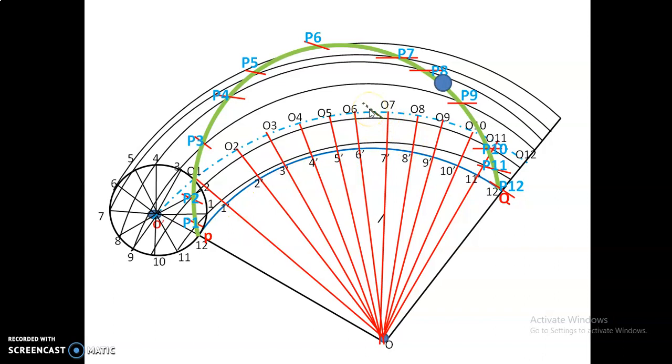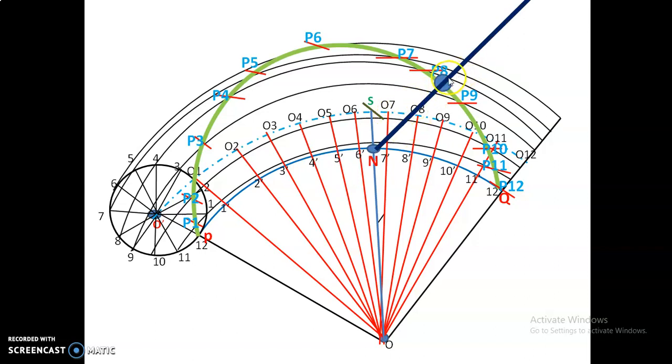Cut the center arc. So that is point S. Join S and O. This line SO will meet the PQ arc at point N. Join N and M. This is your normal line.